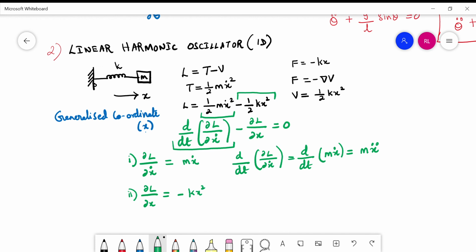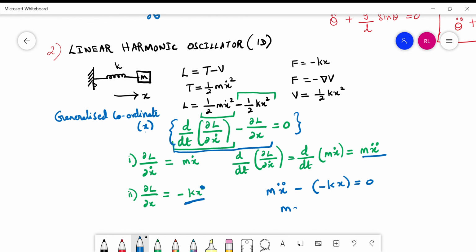So once we have this, we can substitute these values, that is m x double dot and minus kx, instead of these two terms, right? So we can write m x double dot minus into minus kx equal to 0.